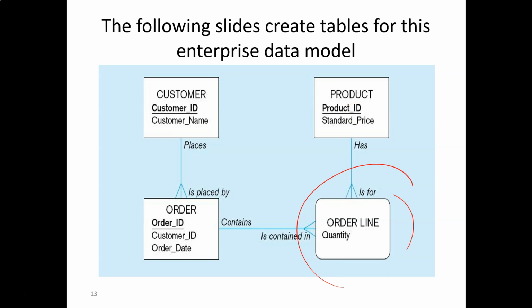The relationship between customer and order table is one-to-many, with customer ID being the primary key in the customer table and being the foreign key in the order table. Similarly, the primary key order ID in the order table is also a foreign key in the order line table, although it's not shown in this diagram.